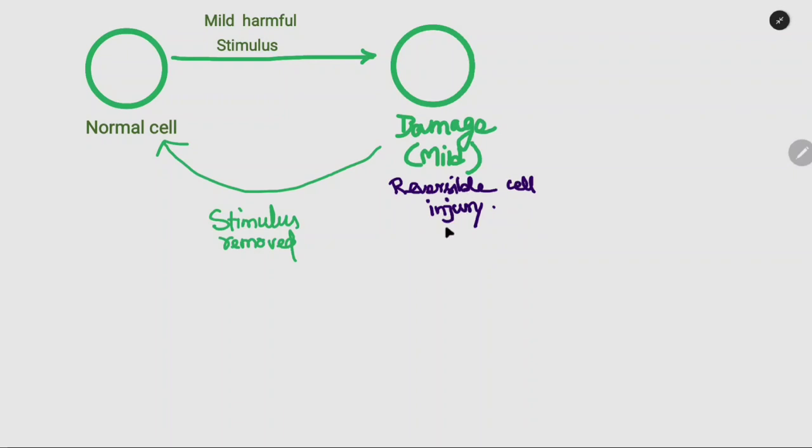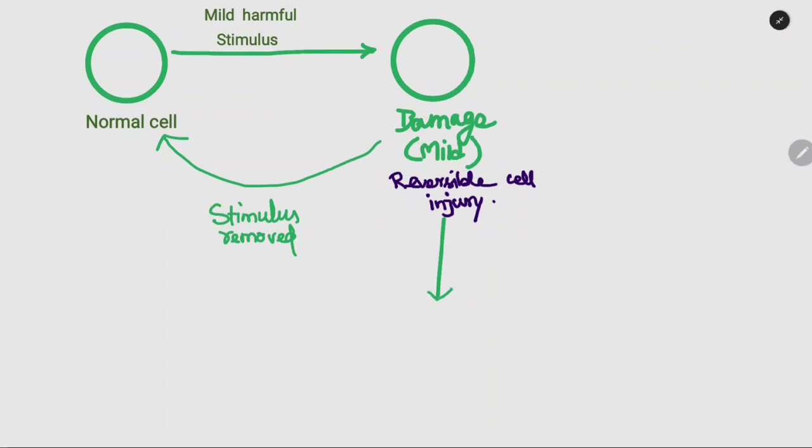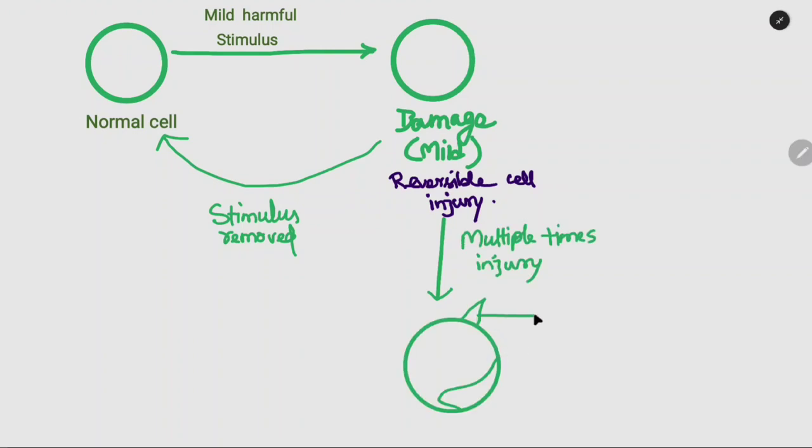If this reversible cell injury occurs multiple times, then the cell undergoes some types of changes. The changes are called adaptations, and these are done basically to prevent or to reduce the harmful effect of the stimulus. These are the changes in the cell itself which the cell makes in itself to prevent the harmful effect.